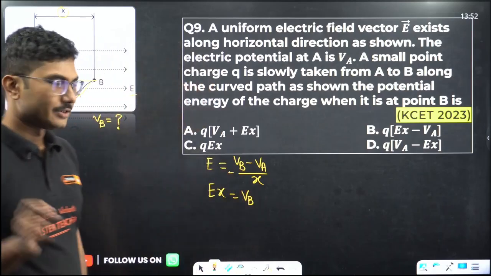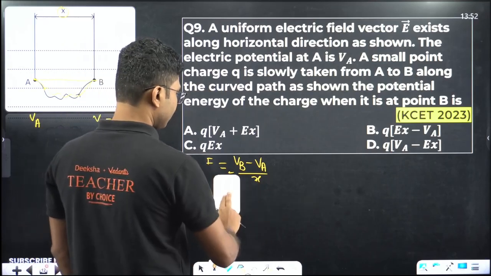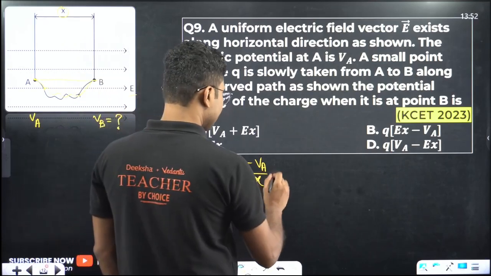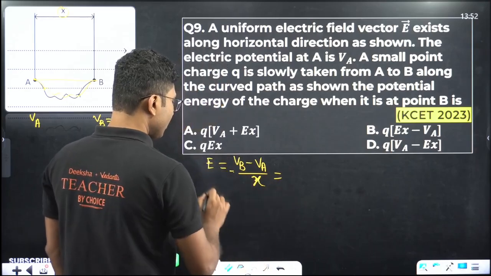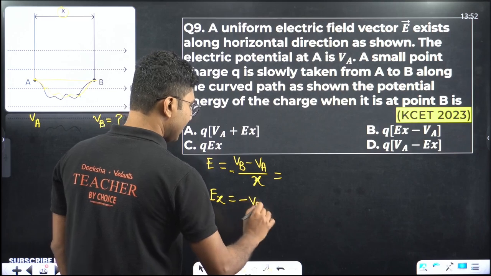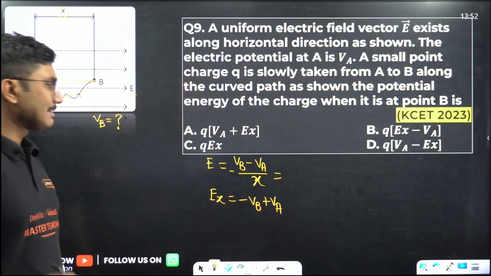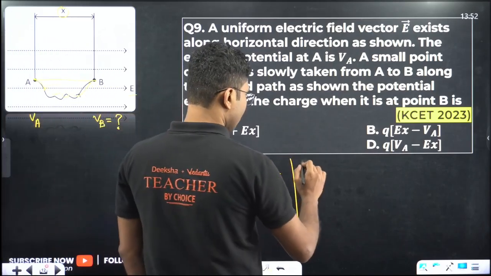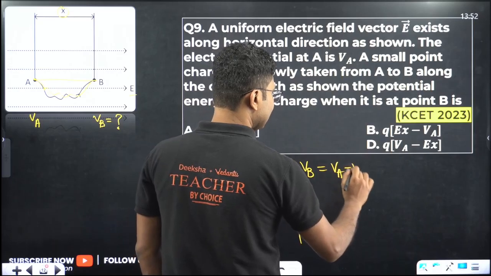Sorry, there is a minus sign. You can adjust the minus sign in the equation, or you can keep it like that. So Ex equals minus VB plus VA, or VB equals VA minus Ex.